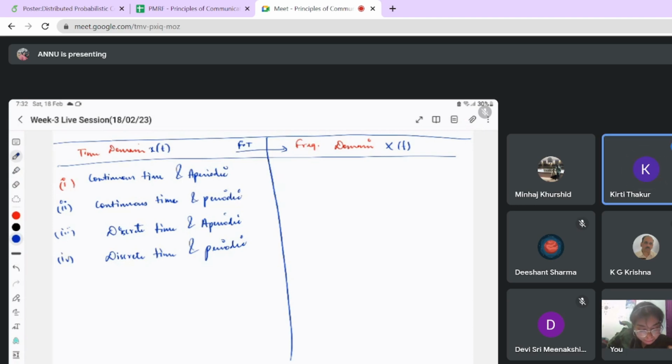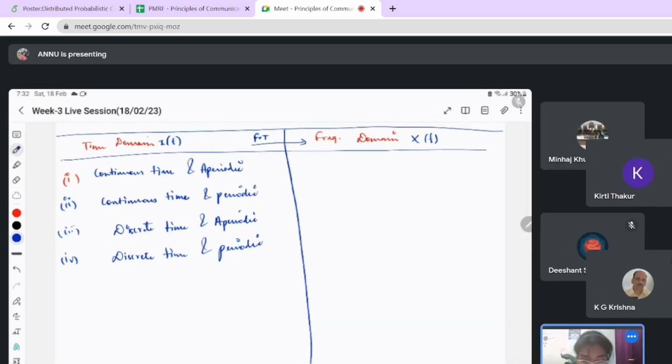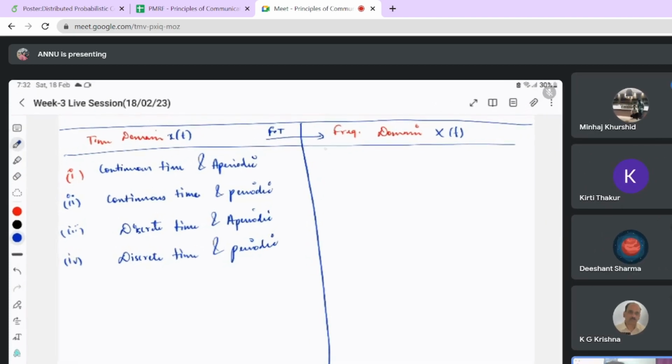You just have to confirm with one example. It is called CTFT, the continuous time Fourier transform, and the answer is continuous time and aperiodic.